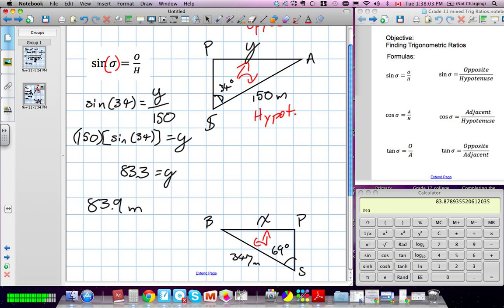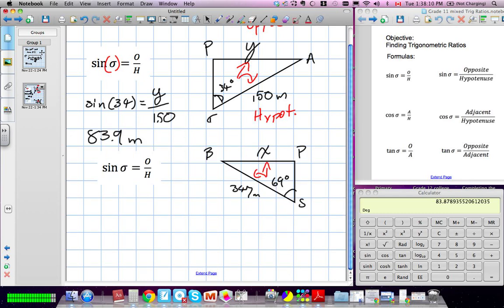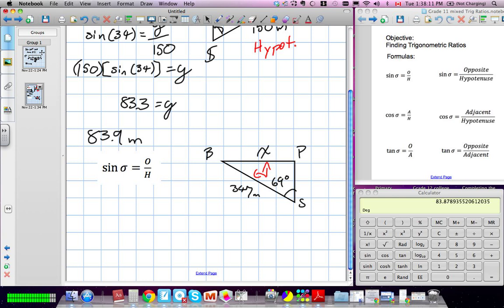So, for theta, we're going to plug in 69. We'll go a little quicker. Our opposite is x, but our hypotenuse is 347. When I move it to the other side, we get 347 times sine 69 equals x.